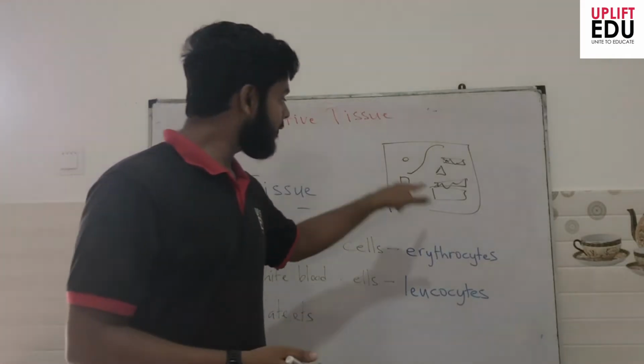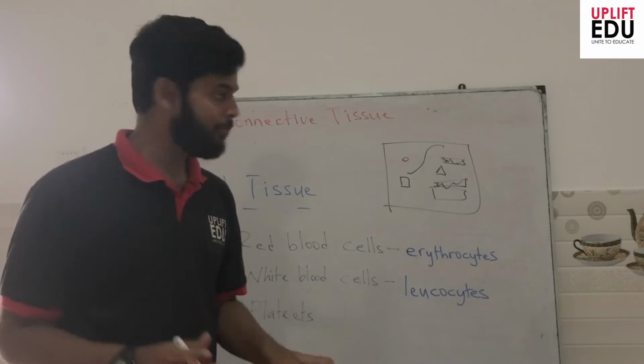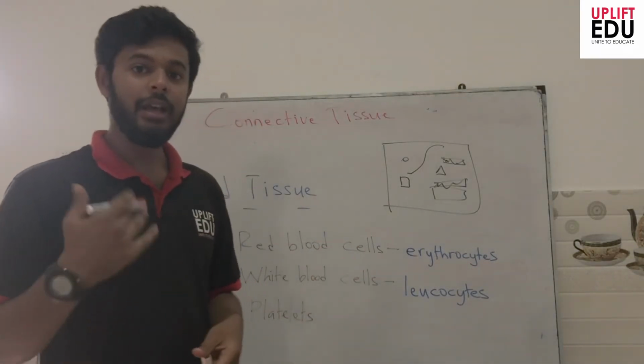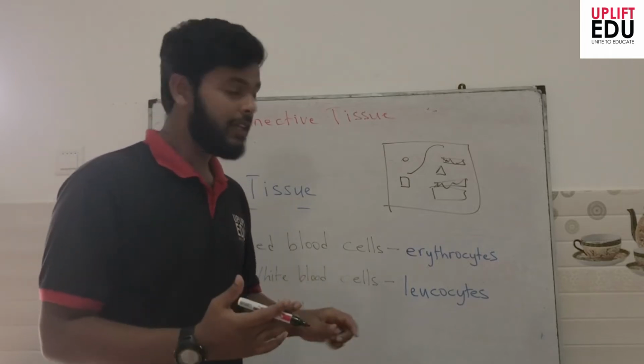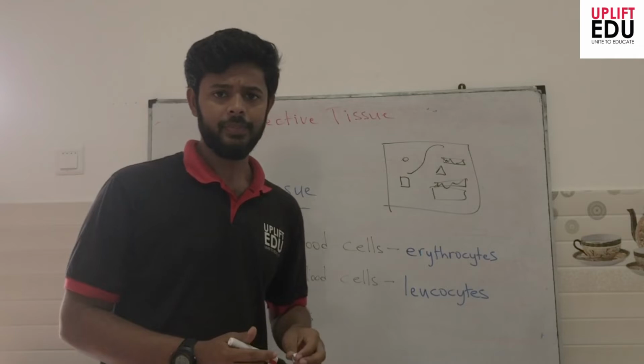And these cells and fibers are present in a large inorganic matrix. Matrix is the substance where these cells and fibers are present. We call that place the matrix. And another important feature is that this matrix is always solid.